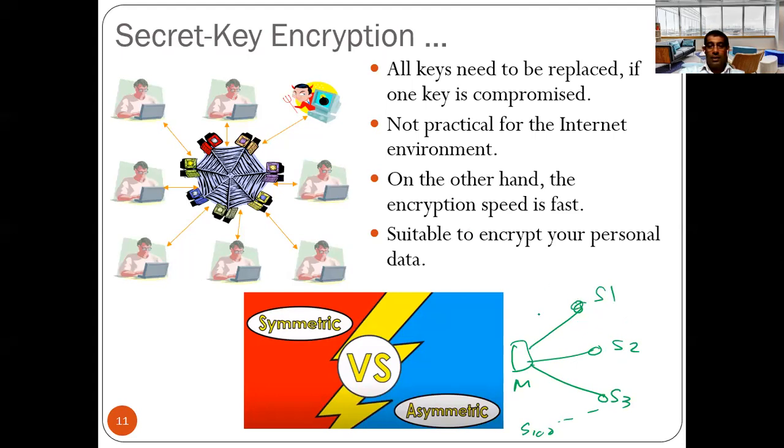So you have to have separate keys: K1, K2, K3, and K100. Then when a message comes, you have to use one of these keys and see who has sent that. It's not manageable in a business environment.